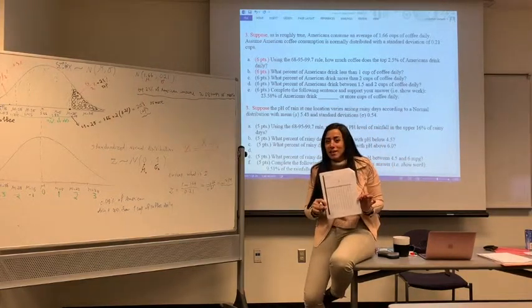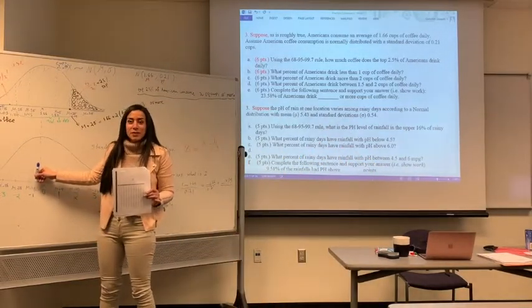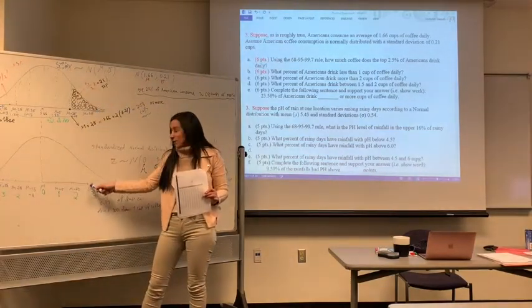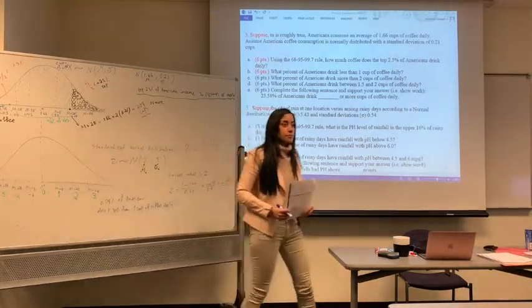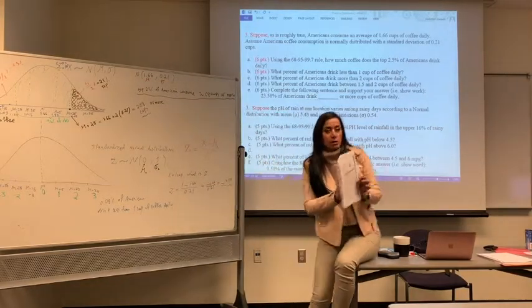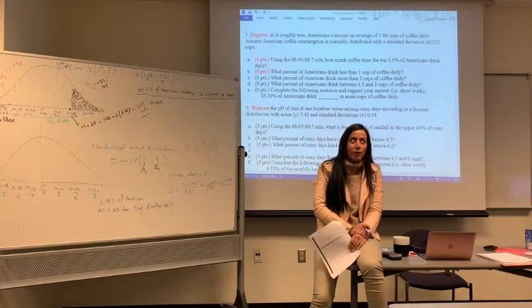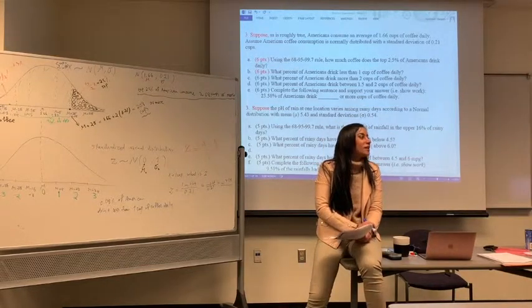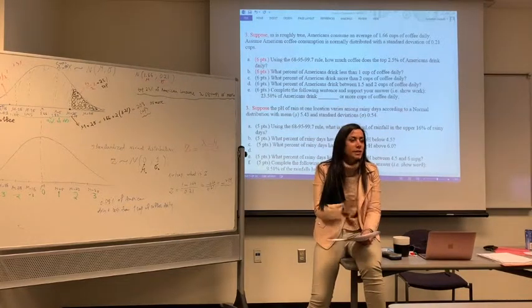Because z are all negative numbers, right? If we find any z here and want to find the area to the left side, the area is much smaller than for a positive z. Imagine if my z was here, the area to the left side of z would be much bigger, right? So these two tables, first page and second page, always answer this kind of question: what % of observations are less than this number? It always answers less than, or decreased, or something related to less than.